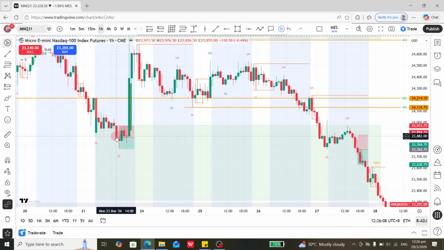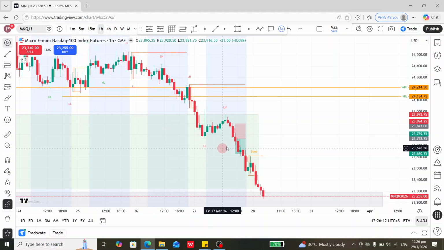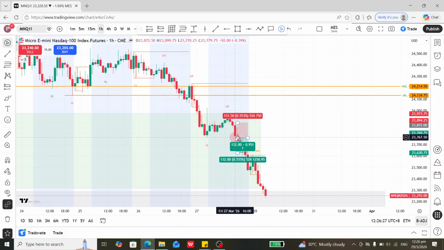I should have entered here, then I could have made the profit. In a similar situation, my thinking process is: this is the alarm that I set because I want to see the market below this low. So that's why I already put the sell stop order here. Then I will be putting on top.